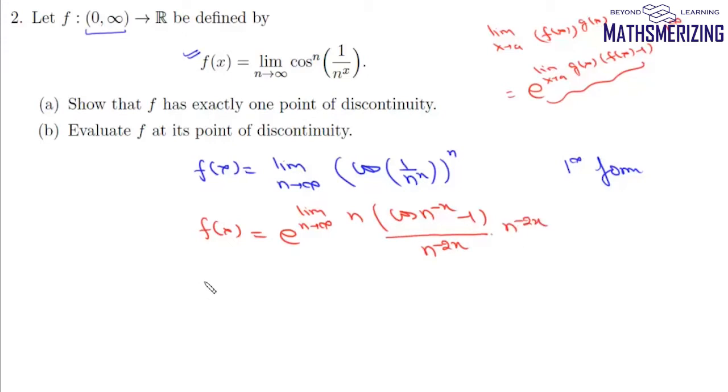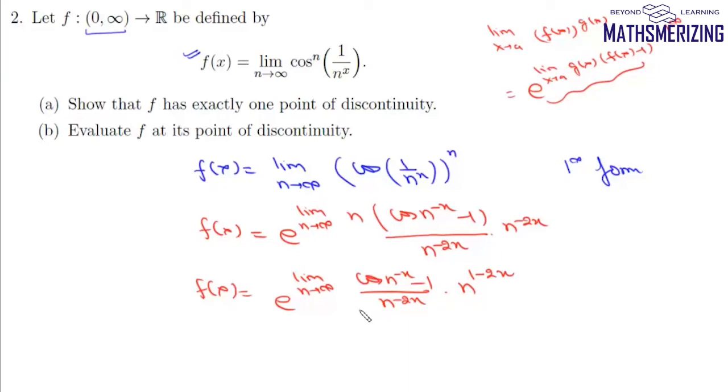So I can write this function f(x) as e to the power limit n tends to infinity, and here it will be (cos n^(-x) minus 1) upon n to the power minus 2x, and here it is n to the power 1 into n to the power minus 2x, so it will be n to the power 1 minus 2x.